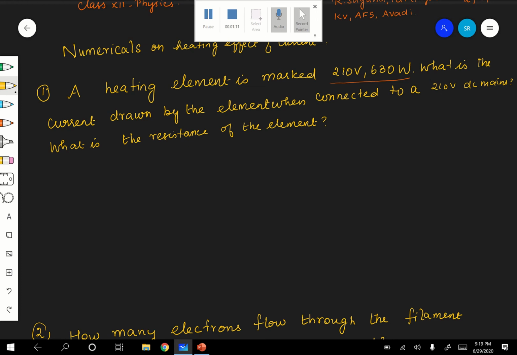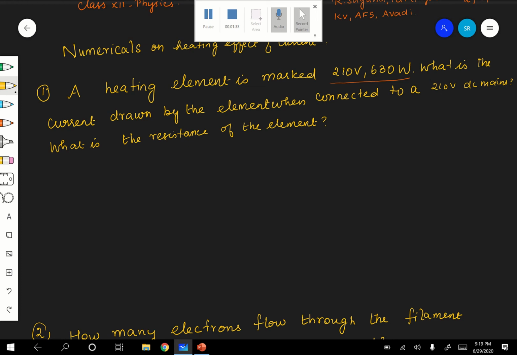Therefore everything will be written. That is what is called rating. So this heating element is marked 210 volt 630 watt. That is the rating, right? What is the current drawn by the element when connected to a 210 volt DC mains? What is the resistance of the element?